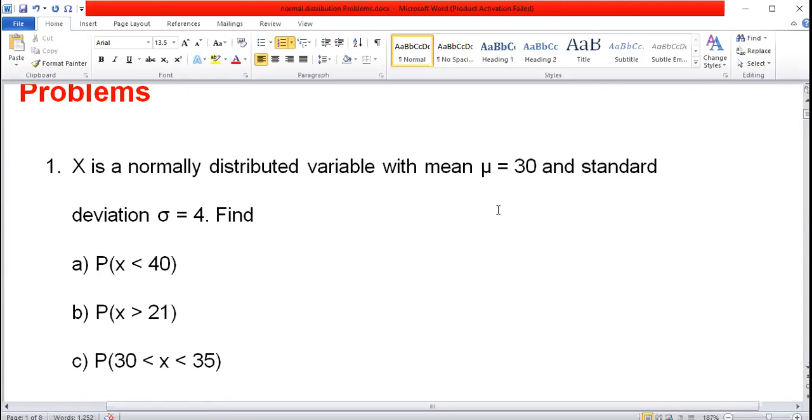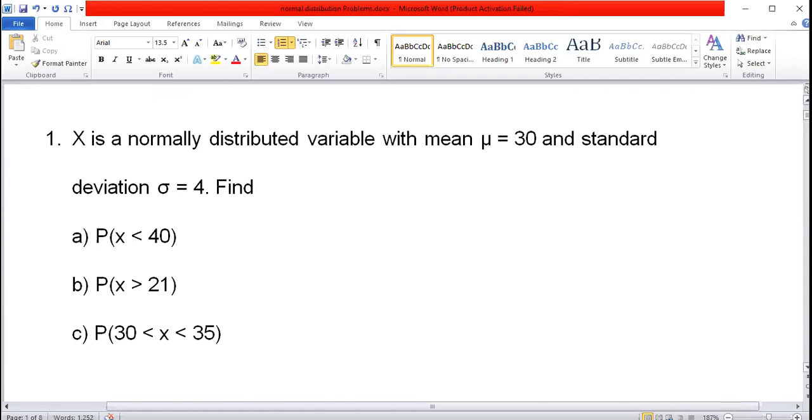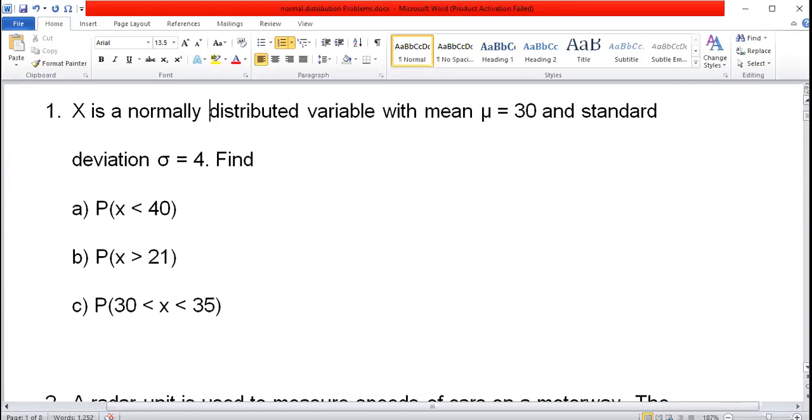Obviously, we know the mean and the standard deviation, so we can find the density function and then integrate it. However, the easy way to solve this problem is to standardize the variable and then look at the table.